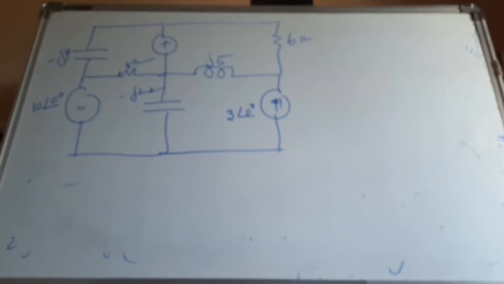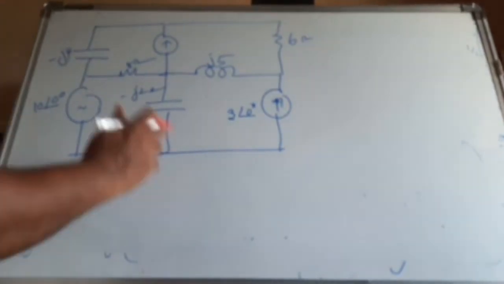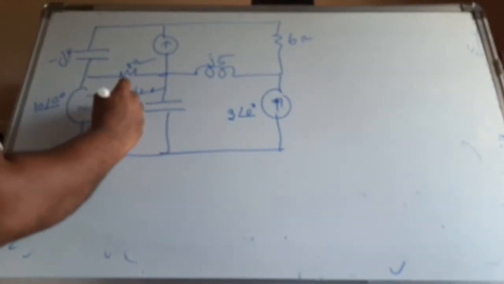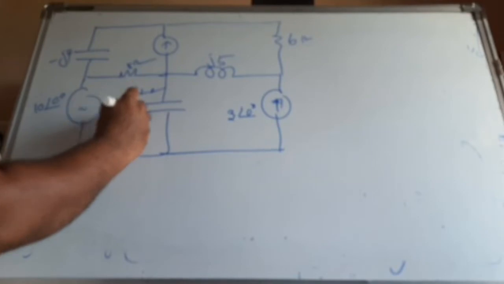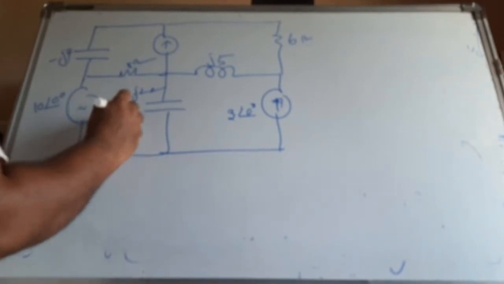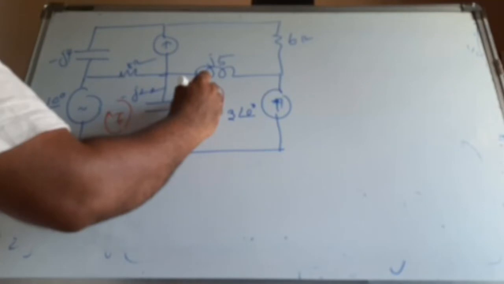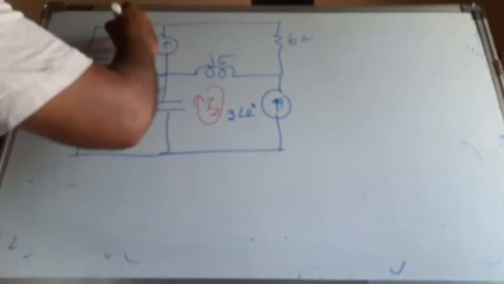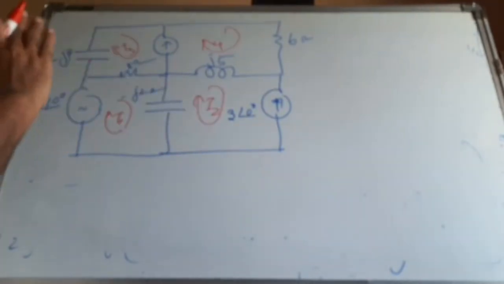How many mesh equations are there? Some of you said that there is a supermesh. Good, appreciate that. Now there are 4 loops initially. This is I2 and this is I3, this is I4. I asked for how many equations?